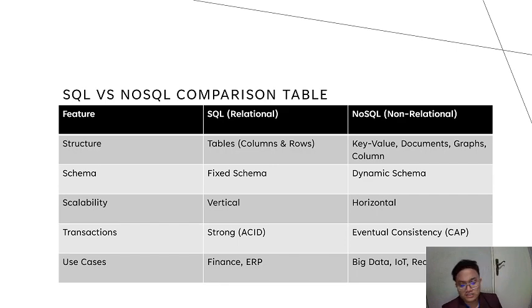And for the use cases, SQL databases are often more suitable for applications that require complex data, such as finance apps or ERP, whilst NoSQL databases are more suitable to handle large amounts of data, such as big data, IoT, or real-time applications, such as social media.